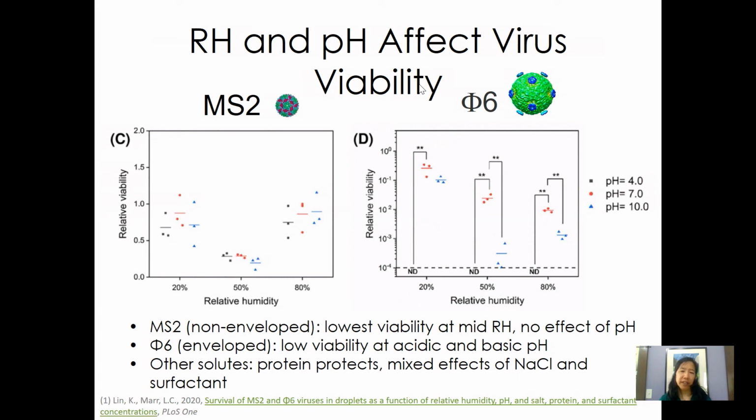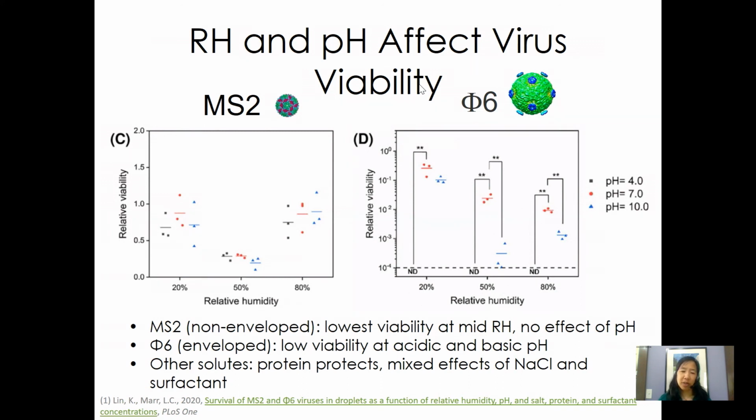So this figure shows, again, MS2, our unenveloped virus, and Phi6, our enveloped virus. It shows the relative viability, where 1 or 10 to the 0 means that everything survives just fine. As a function of relative humidity, we looked at 3 different relative humidities, 20%, 50%, and 80%, and then at 3 different pHs, so pH of 4, 7, and 10.